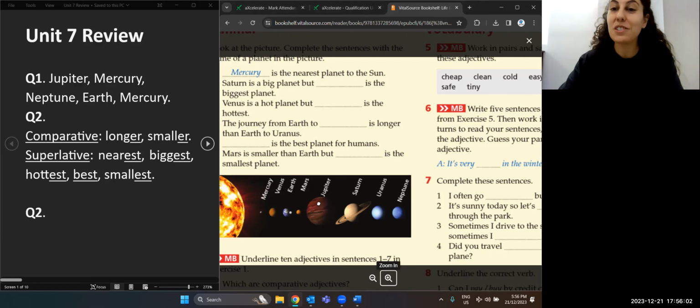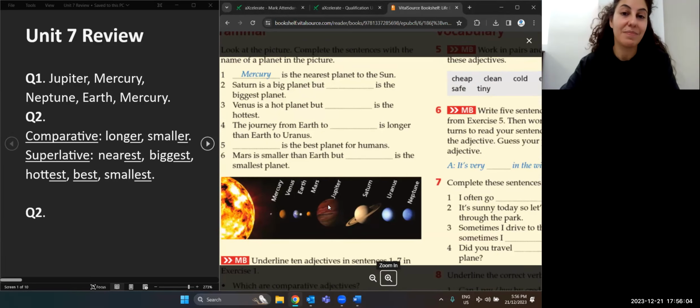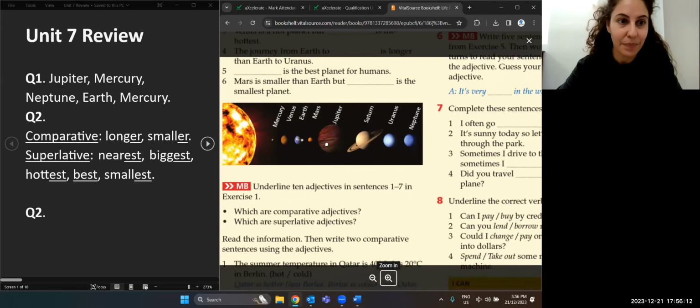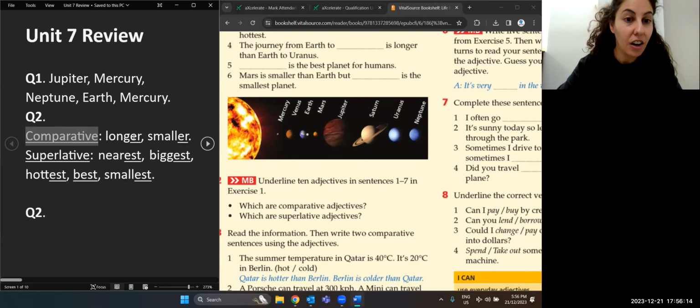Okay, good. So that was just comparing. Maybe it's the comparative with the ER or the superlative with the EST. You must remember the rules. The comparative: longer, smaller. The superlative were adjectives like nearest, biggest, hottest, best, smallest.